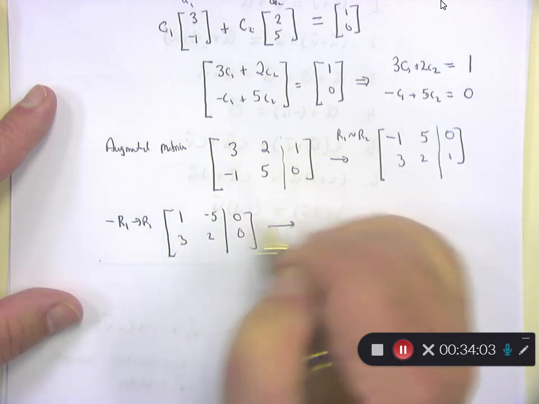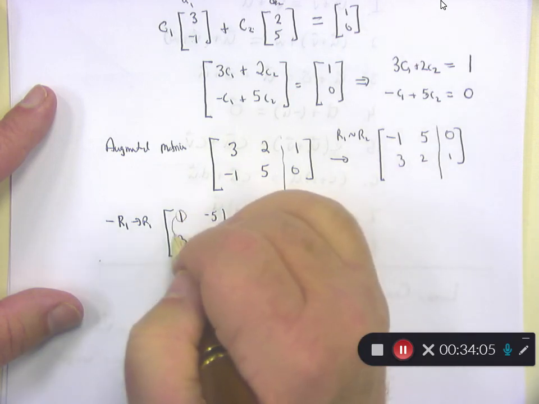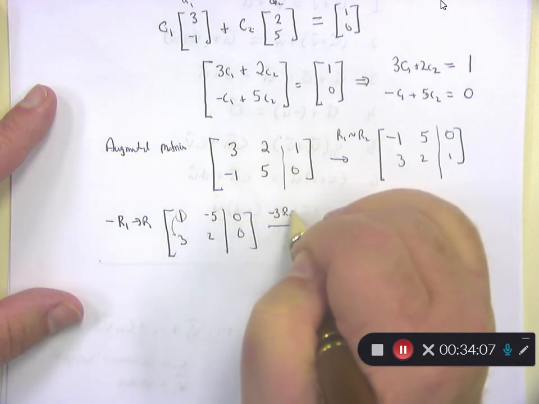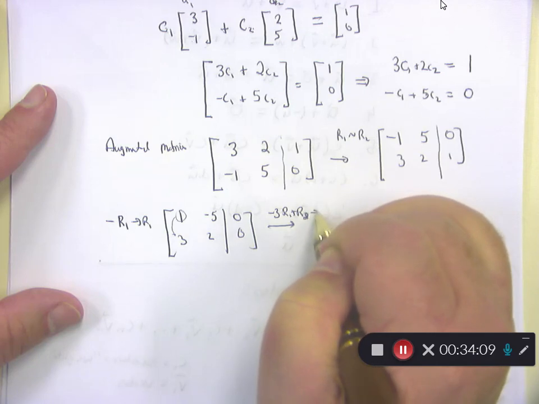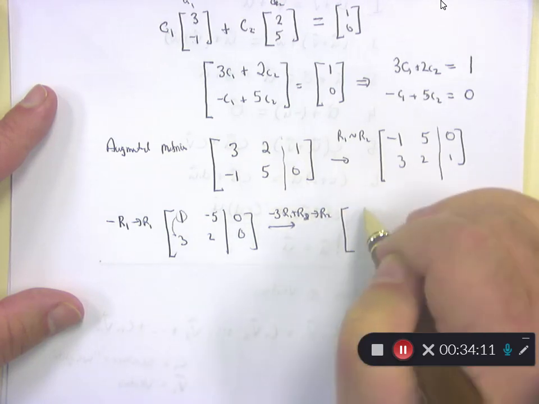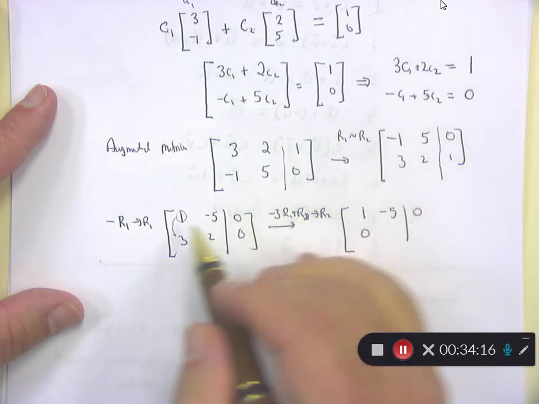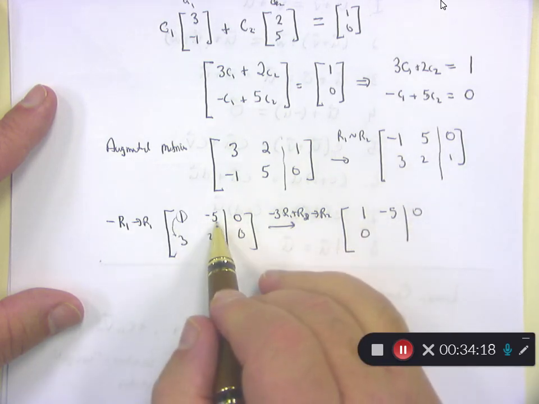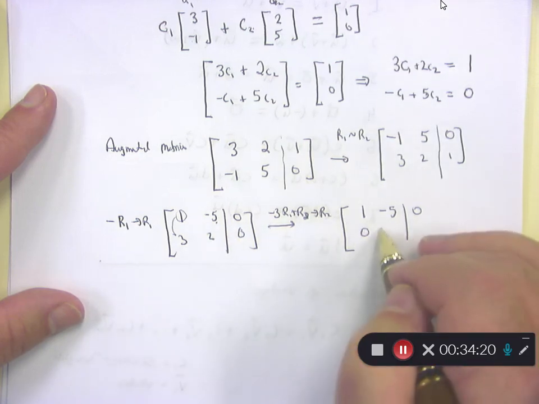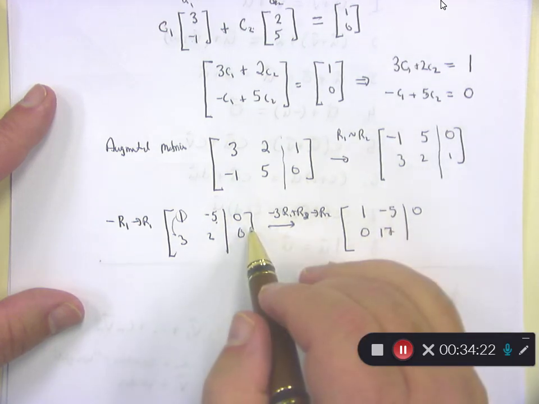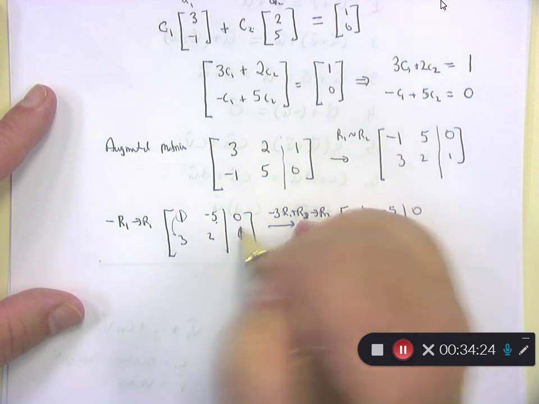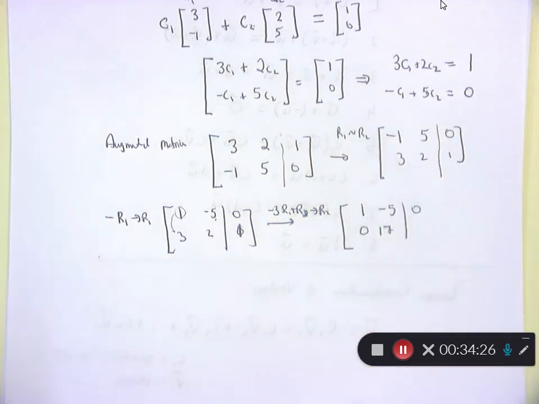Now I'm going to sweep down. So -3 times row 1 plus row 2, replace row 2. That would give me 1, -5, 0, and then 0. -3 times -5 is 15, 15 plus 2 is 17. And I lost a term here. That's a 1 there. Sorry about that.